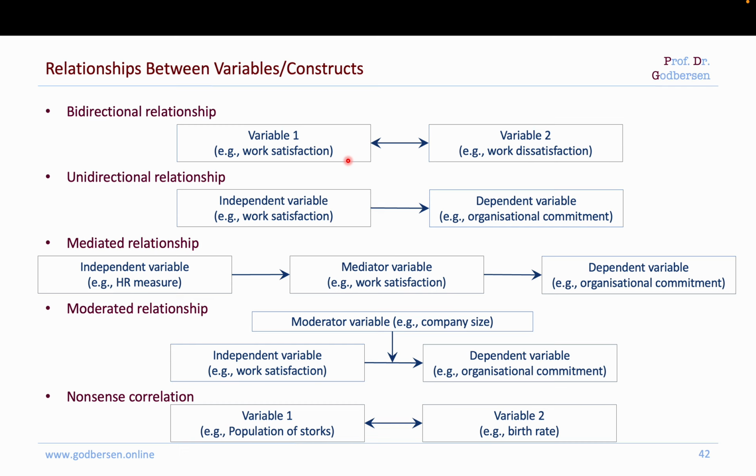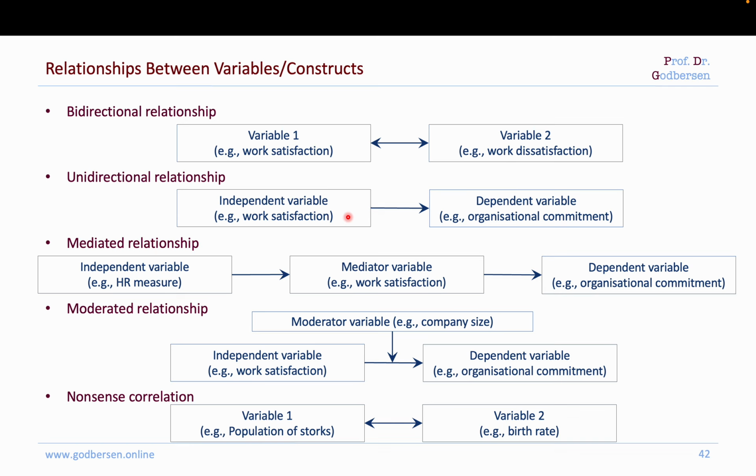In cases when we can say one variable or construct has an impact on another variable, we're talking about unidirectional relationships. So we have an independent variable that affects a dependent variable. For instance, work satisfaction affects organizational commitment.